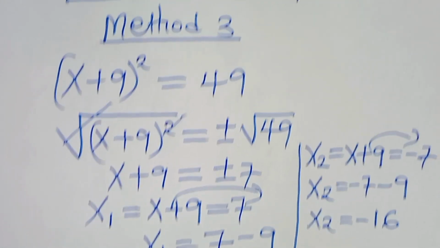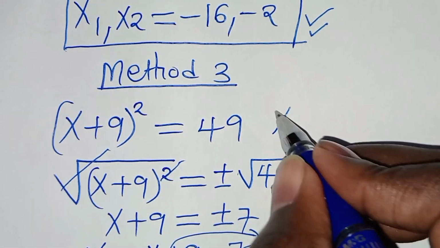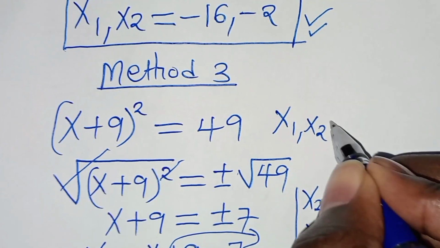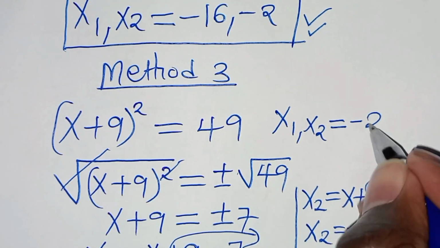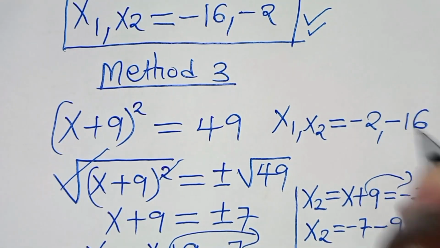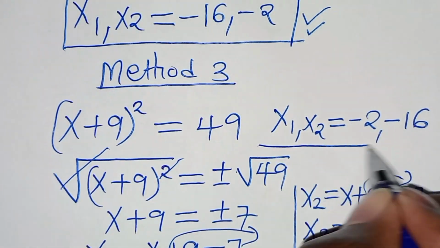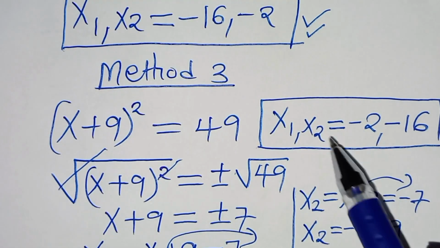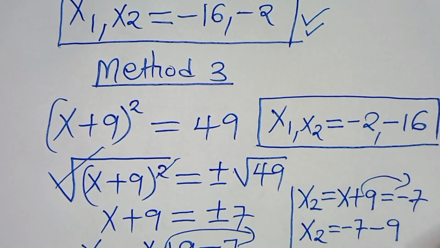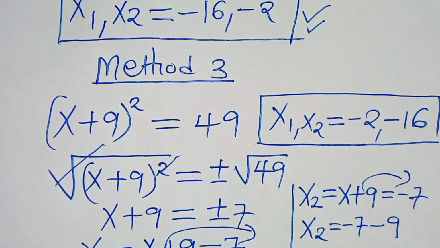So this implies that x1, x2, by applying method 3, we have this as minus 2, minus 16. So this is the solution by applying method 3. So both method 1, method 2, and 3 provides the same set of solution.